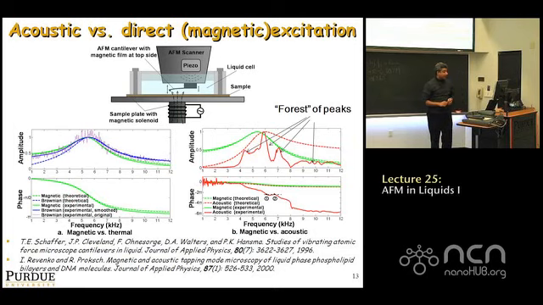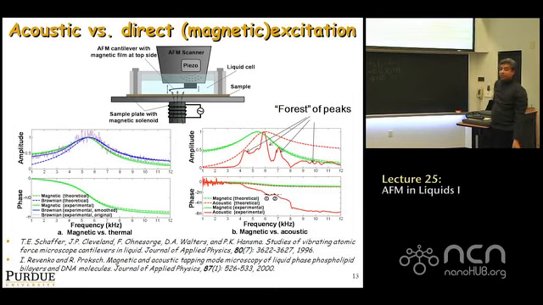So here's an example of what would happen if you do a tuning curve. You sweep the frequency and look for a resonance peak in liquids. If you do magnetic excitation, you would get a response shown on the top right in green. The green is the magnetic response, so you would get a very clean resonance peak.